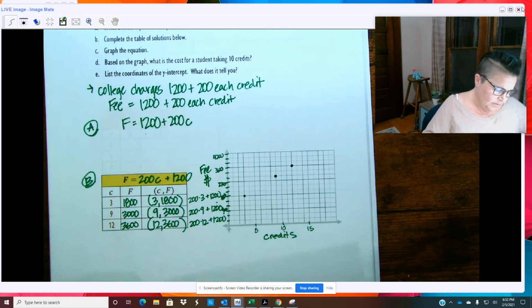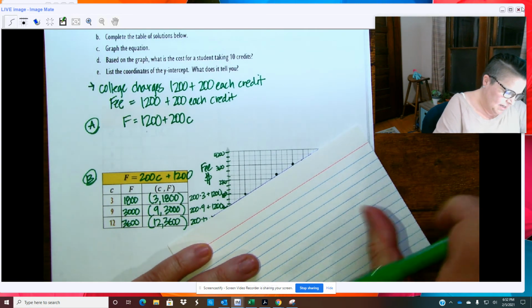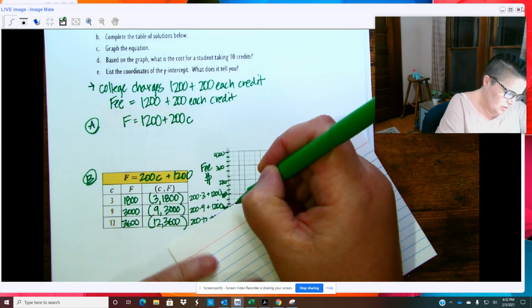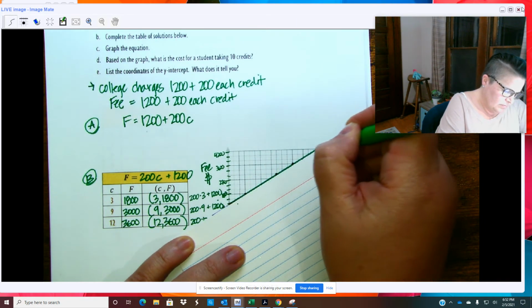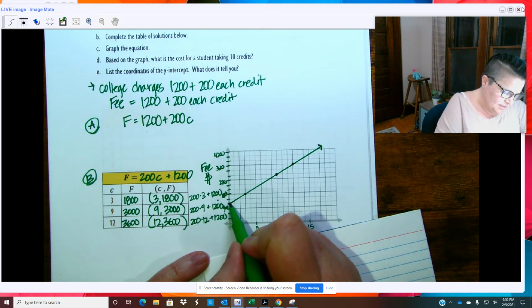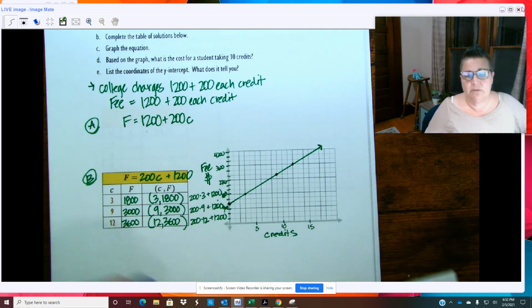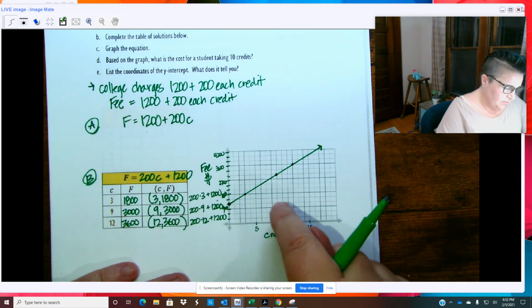So now hopefully these create a line. They do. Very nice. And this works because we know if they don't take any credits, they should still be at $1,200. So 0, 1,200, that works. Okay, so I've done the table, I've done the graph.